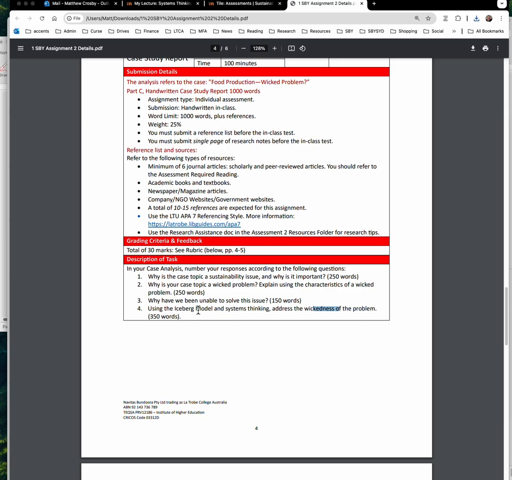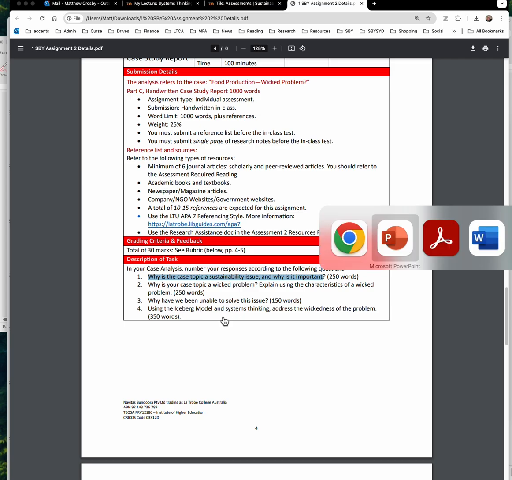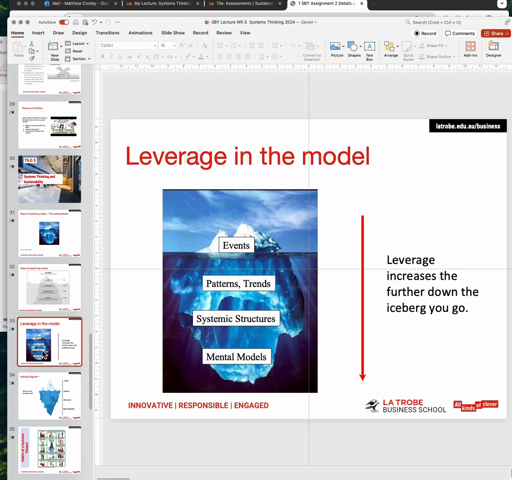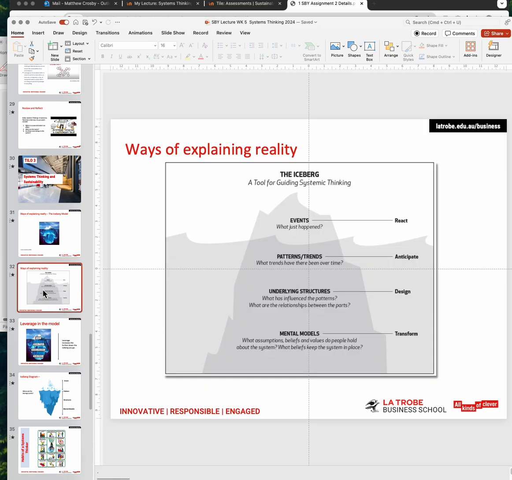So you see that the iceberg model is actually central to the question that we have to answer. And indeed, why is your case topic a sustainability issue and why is it important? The reason that you want to answer that is so that you can suggest leverage in this analysis here. So what I'm arguing for is, please take note of this work here.